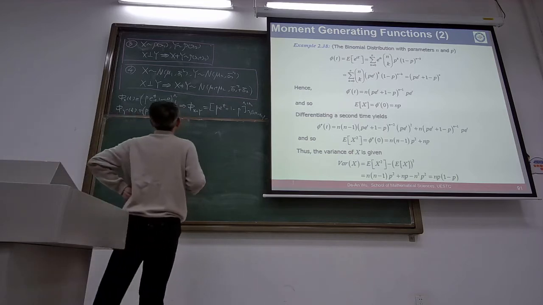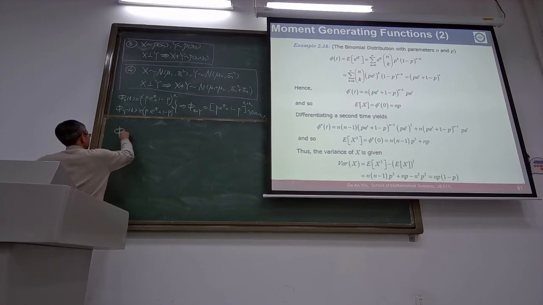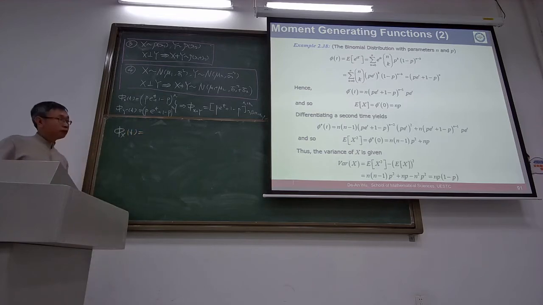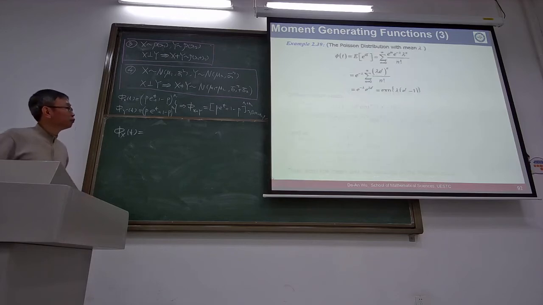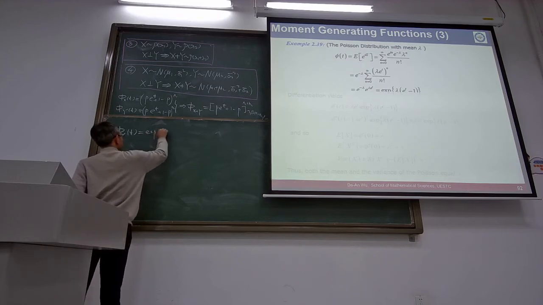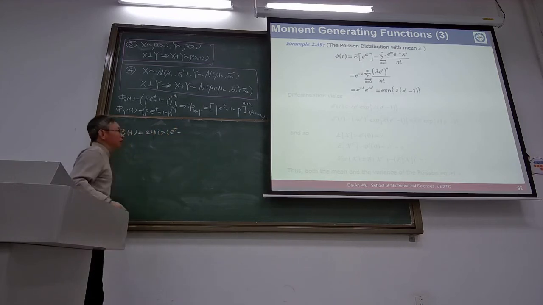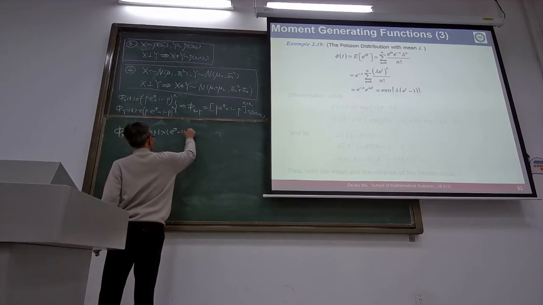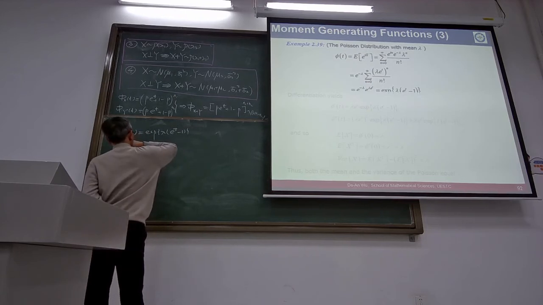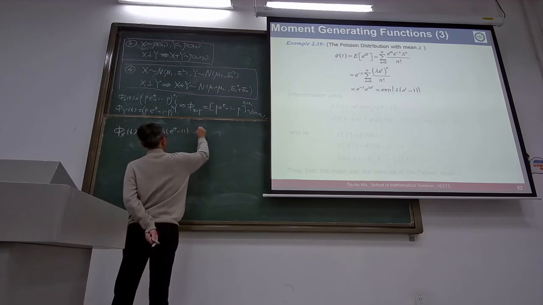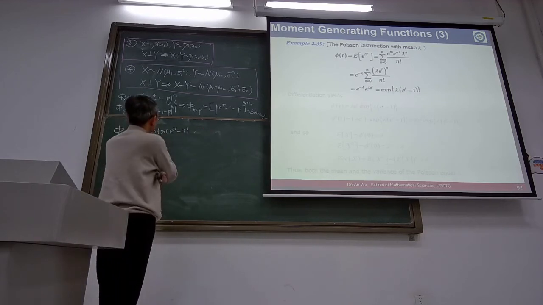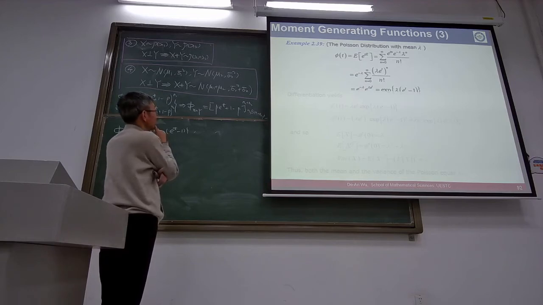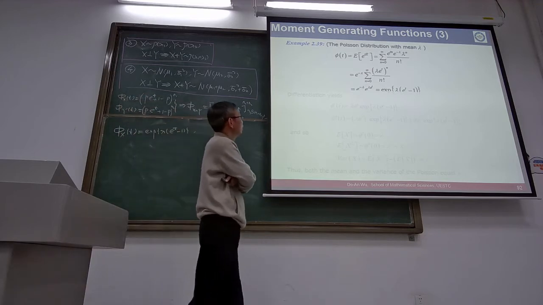The third statement. We recall that the moment generating function of Poisson equals exponential lambda times (e^t minus 1). We require this for the convergence.